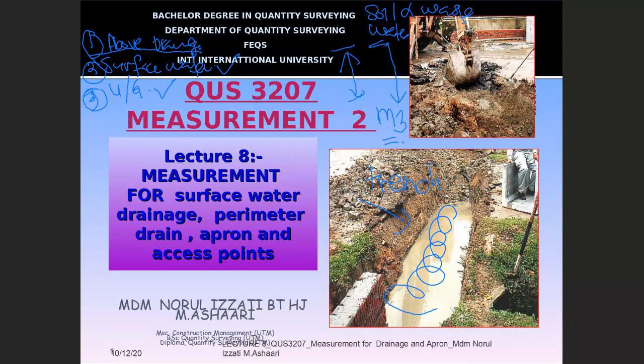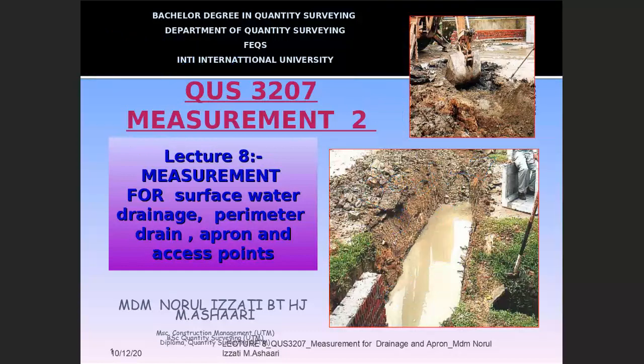Then at a certain point, you can see boxes that are known as access points. So for this topic, we have to learn two main subtopics. Number one is the drain itself, and number two is the access point. The access point for the drainage normally refers to brick manholes.